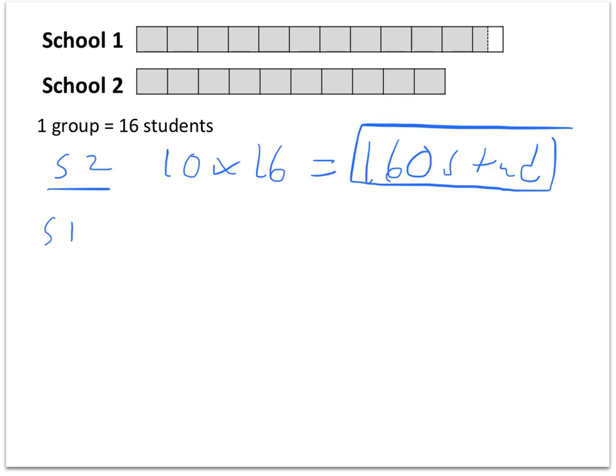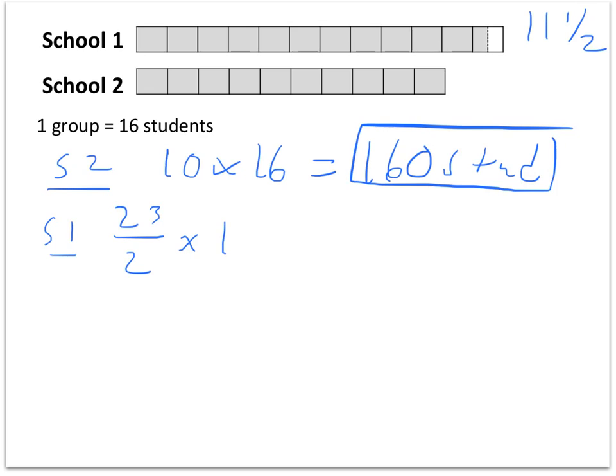Now school 1 contained the 10 groups that were in school 2 plus 1.5 groups. So school 1 has 11.5 groups. And let's convert that over to an improper fraction. 2 times 11 is 22 plus 1 is 23. So school 1 had 23 halves groups.